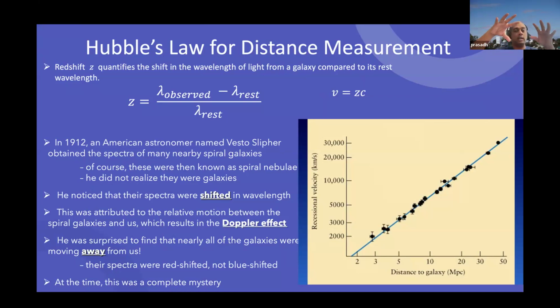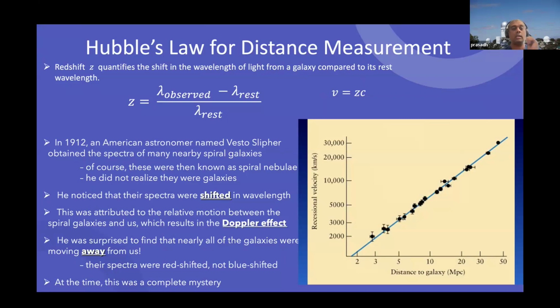Since all these galaxies are sitting on the space, they are moving away from us with the space. So these galaxies are mostly redshifted. There are some exceptions like Andromeda, which is slightly blue shifted, but in general, almost all galaxies are redshifted. And you can actually measure this redshift, right?